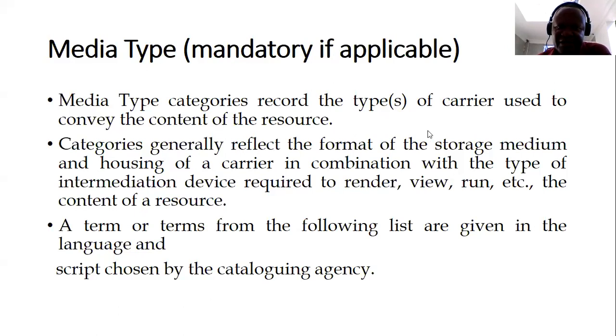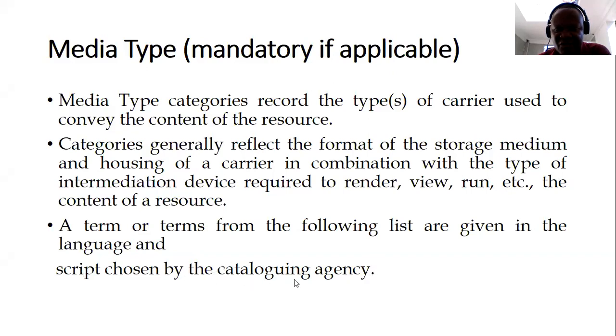Categories generally reflect the format of the storage medium and the housing of a carrier in combination with the type of the intermediation device. This is the device you use to access that material, either by viewing, running, etc. A term or terms from the following list are given in the language and script chosen by the cataloging agents.